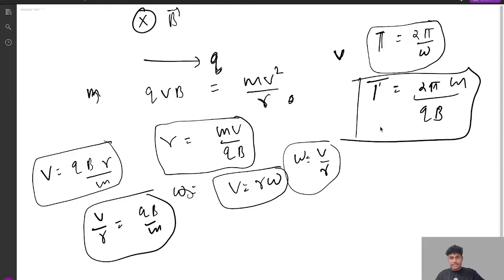From here we get the time period. Understand? From velocity we find the angular velocity omega, that is v upon r. From here we find the v upon r ratio, that is qB by m, and we put the value of omega here, that is 2 pi m by qB. Final result for time period.